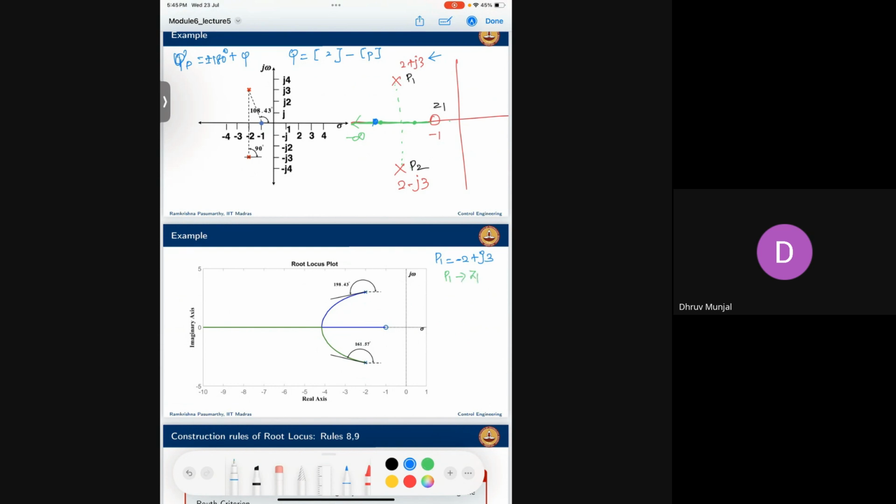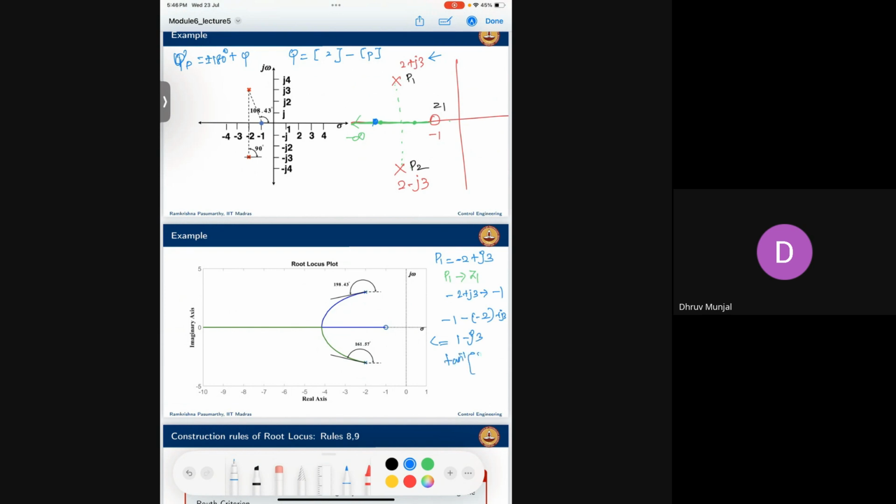So if I want to calculate this, it will be minus 2 plus j3 to minus 1. If I calculate this, you will get minus 1 minus of minus 2 plus j3. So this will give you minus 1 plus minus 1 minus j3. Is it right? Just 1 minus j3. So this is the overall answer I am getting.